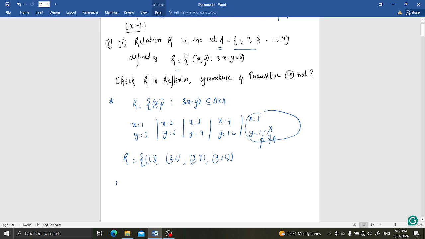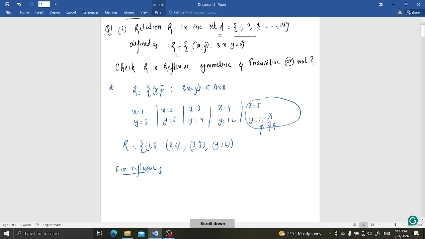What is the definition of reflexive? If we need to check for reflexive, reflexive means we need to check whether every element of A is related to itself or not.